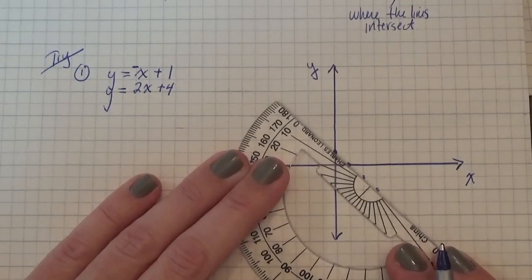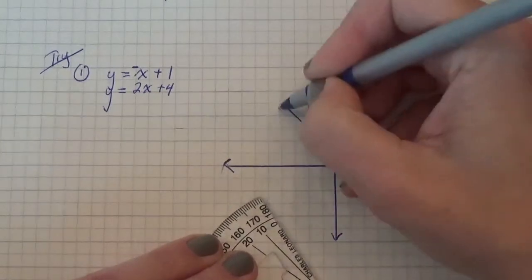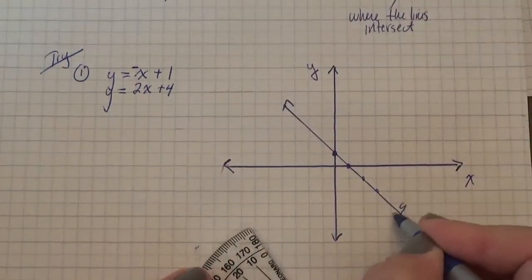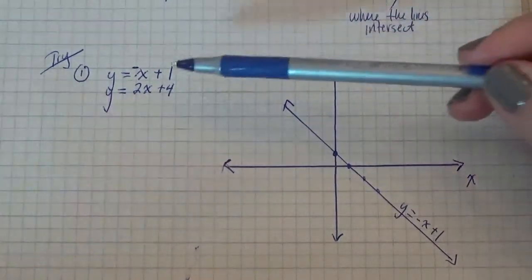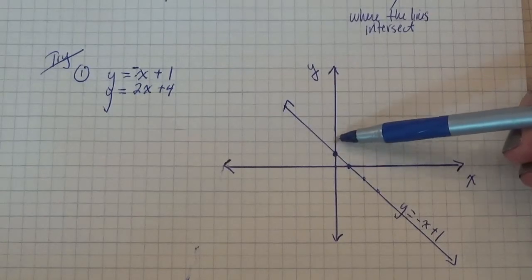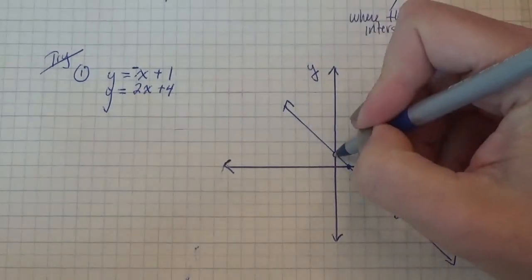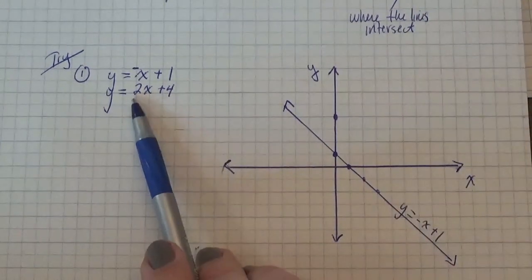Okay, so that's the line y equals -x plus 1. And the next line, 2x plus 4. So it's going to hit the y-axis at 4, and have a slope of 2.